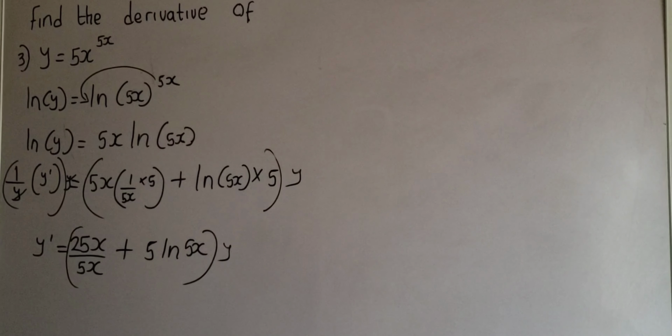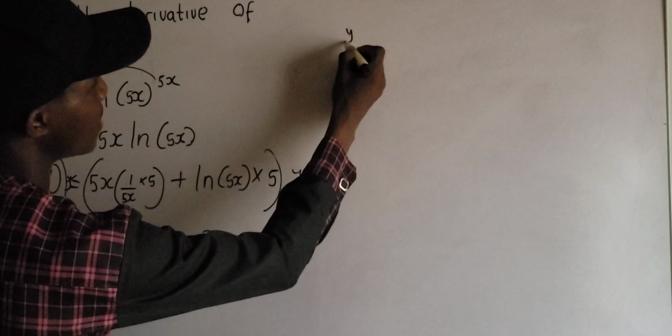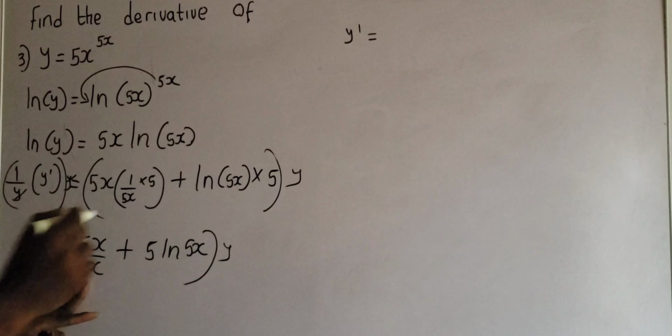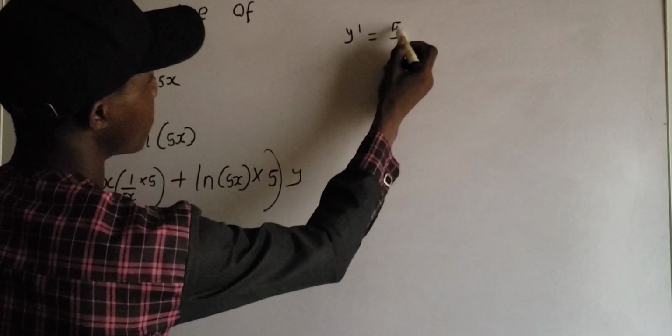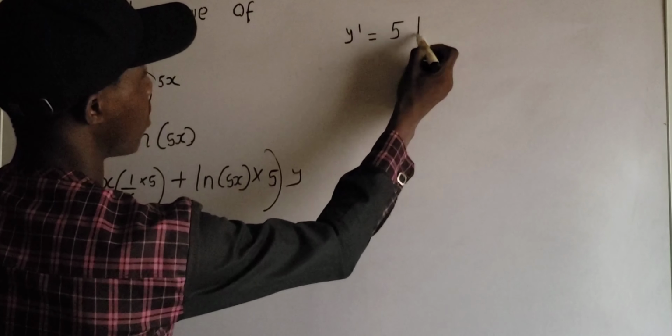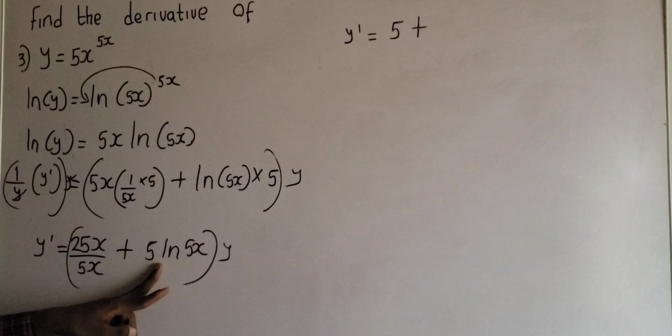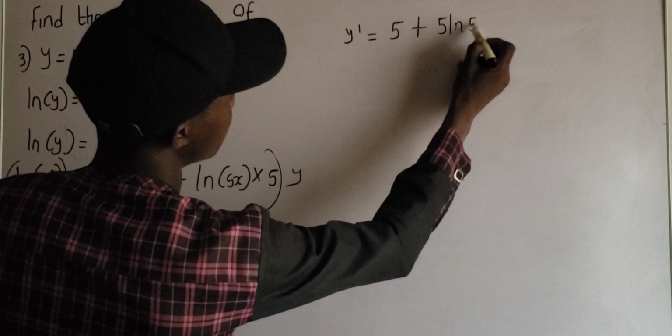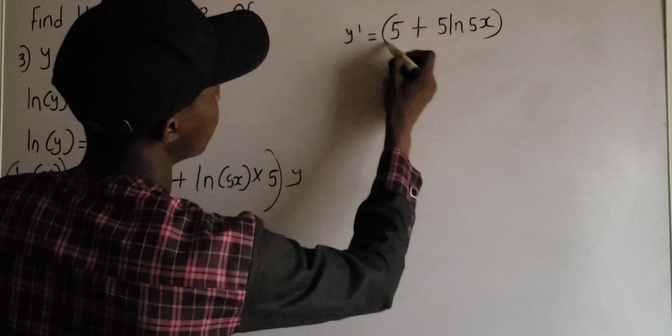The derivative of y is equal to 25x divided by 5x, that is 5. So the derivative of y is equal to 5 plus 5 ln 5x, multiplied by y.